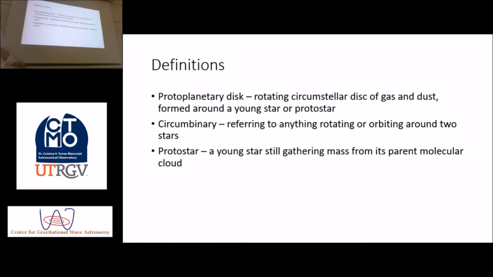Then circumbinary, in this case, is referring to anything that is rotating or orbiting around 2 stars, like a binary star system. And then we have a protostar, which was mentioned up there, and again, I was like, what does that mean? So a protostar is a young star that's still gathering mass from its parent molecular cloud.